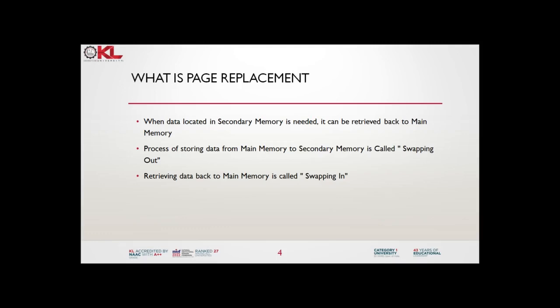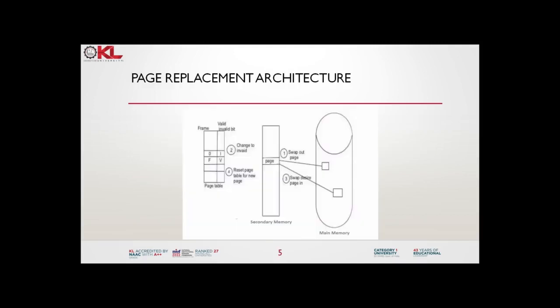We will see various examples in our session to help you understand swapping in and swapping out deeply. Sometimes we call it roll out, roll in, write in, write out; we use different terminologies. The only point you should remember is that keeping data from the secondary memory into main memory is called swapping in.